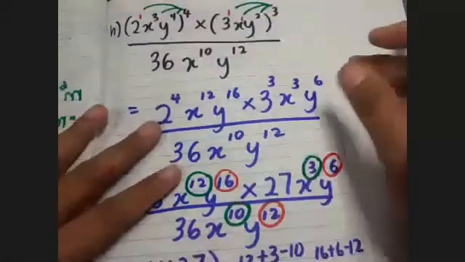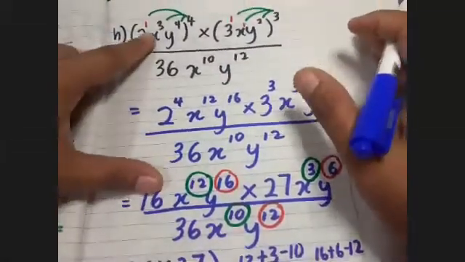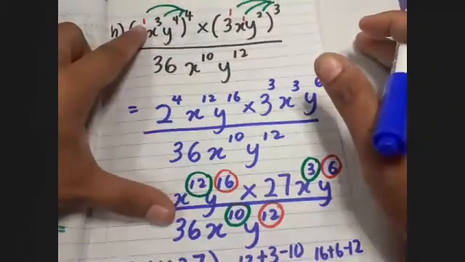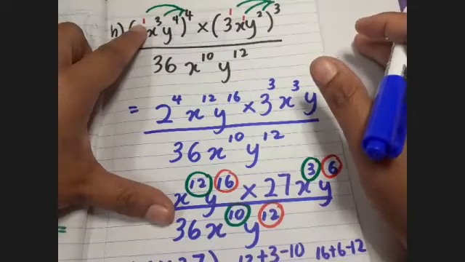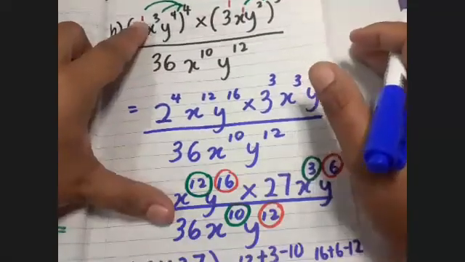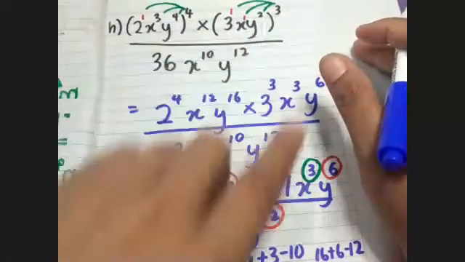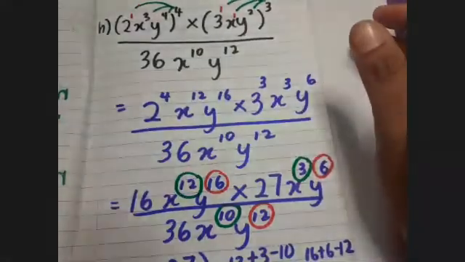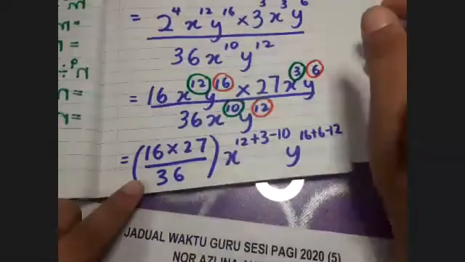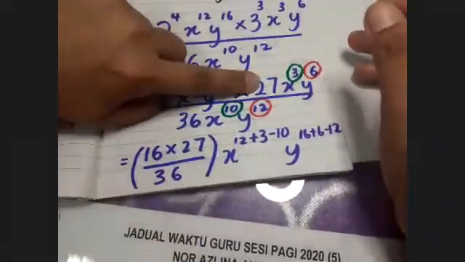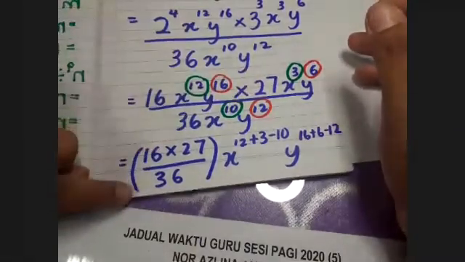Okay. So remember, when no index, you need to write the index. The index should be 1. Then you multiply with 4. Here multiply with 3. And then you need to solve the coefficient first. 16 multiply 27 over 36.